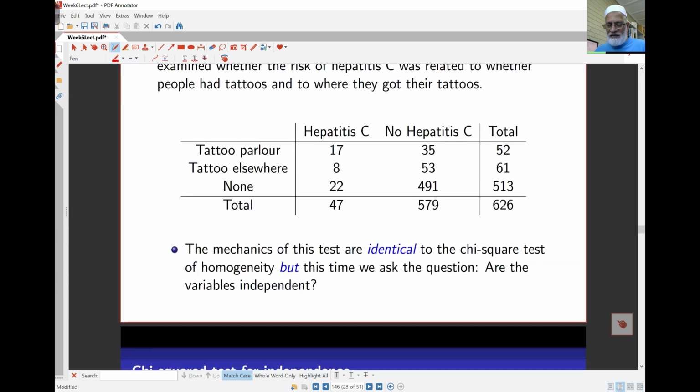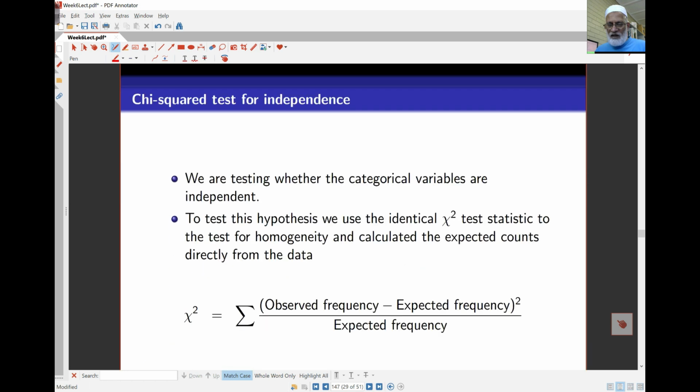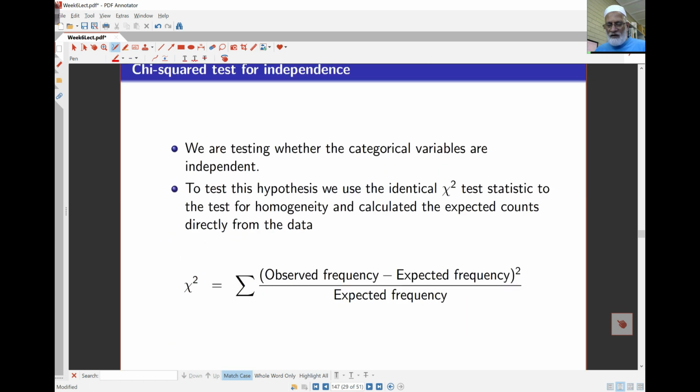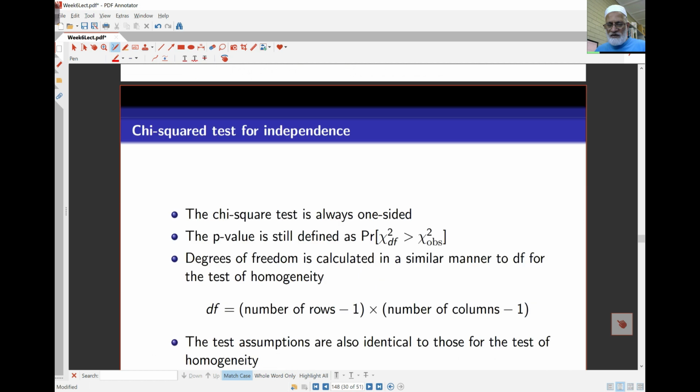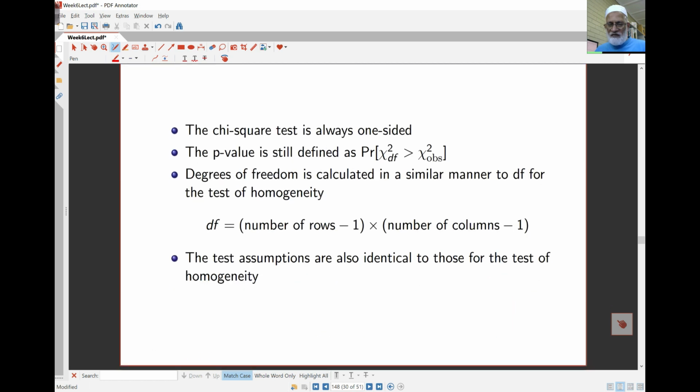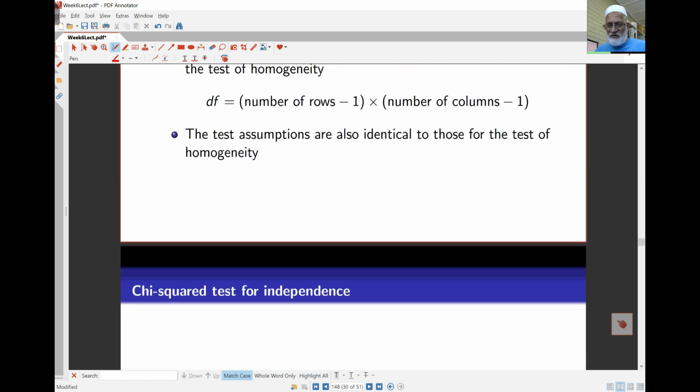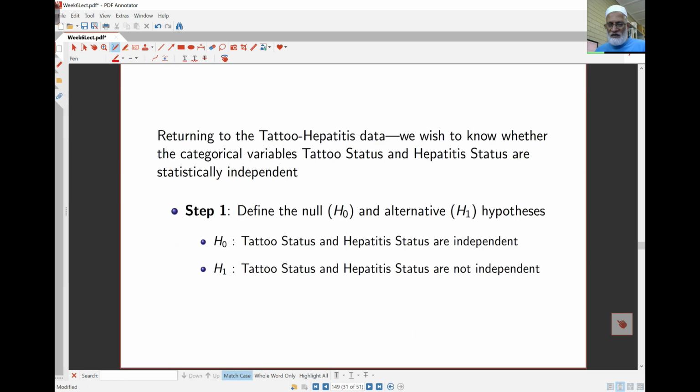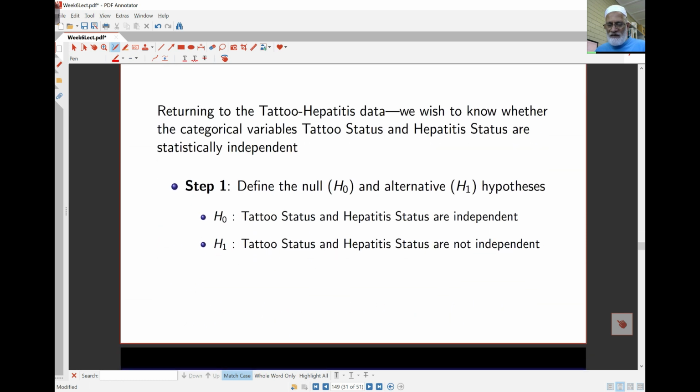So the mechanism is exactly the same. We set up the hypothesis in the same way, and we do the same kind of calculations, and the degrees of freedom are worked out in the same way. The same assumptions are required here. So the null hypothesis here will be that the tattoo status and hepatitis status are independent, and H1 says they are not independent, or again you can simply say that H0 is false.